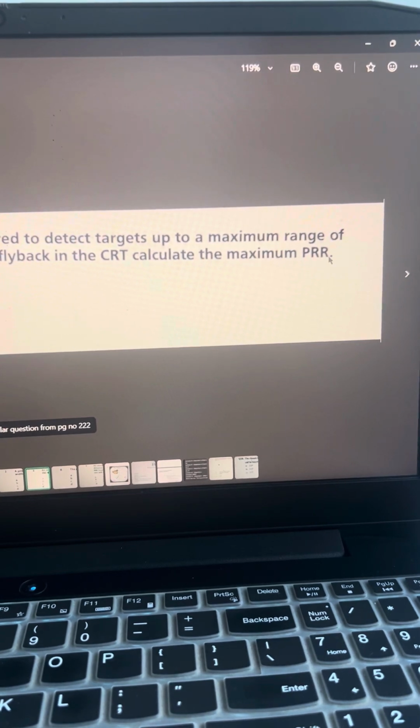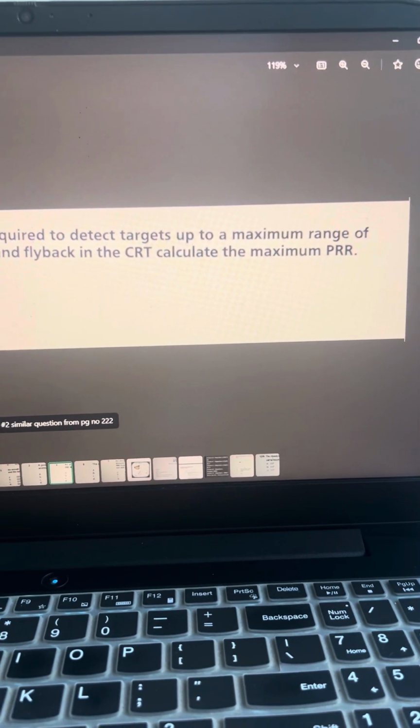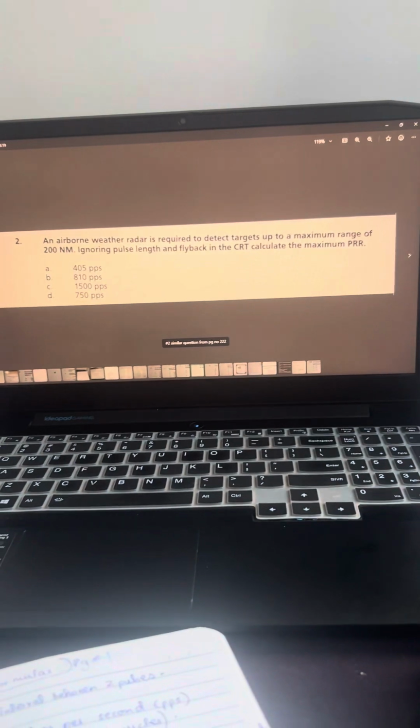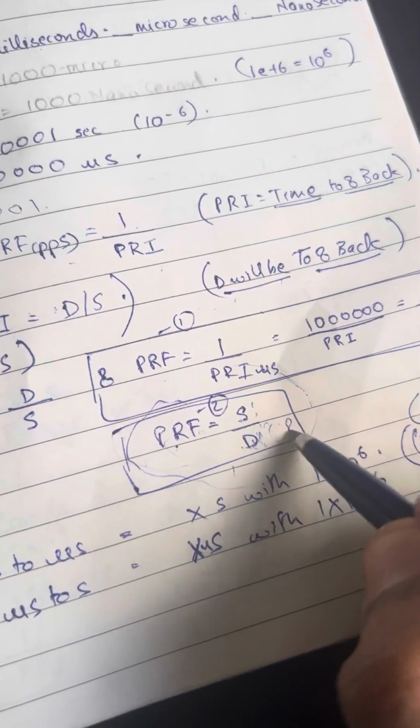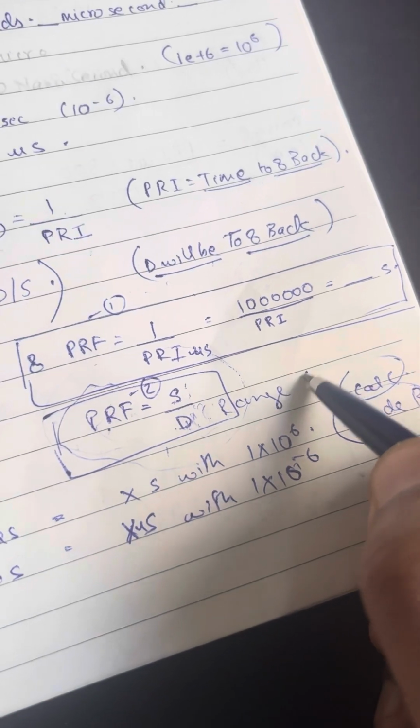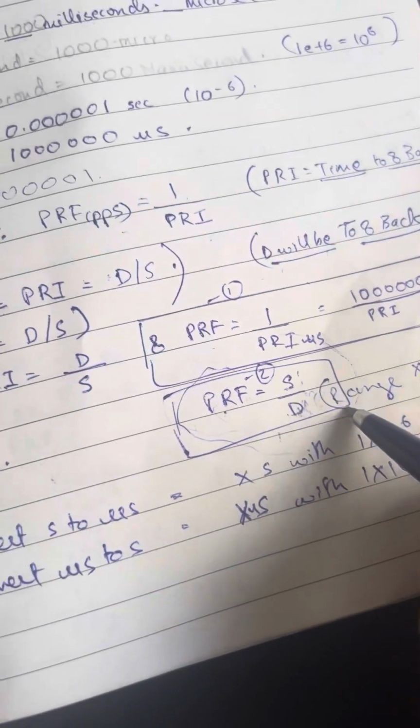Now I'll quickly tell you about this one and this one. Whenever your PRF is given to you and you need to find out range, there is a direct formula that you can use. PRF is equal to speed upon distance. This distance is similar to range, but remember it is range into 2 always.